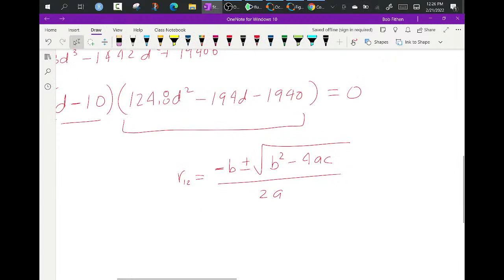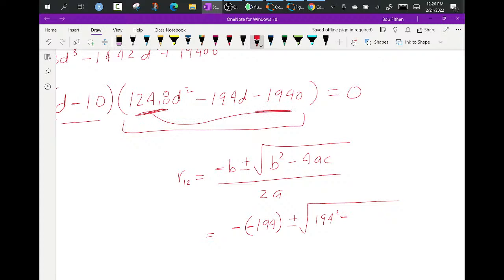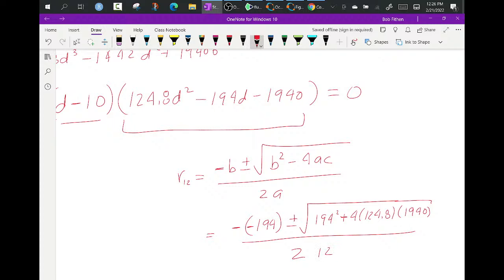So minus, but then there's a minus in that 194, plus or minus the root of 194 squared minus 4 times a and c, but it's a minus, so that becomes plus 4 times 124.8 times 1940, over 2 times a, which is 124.8.